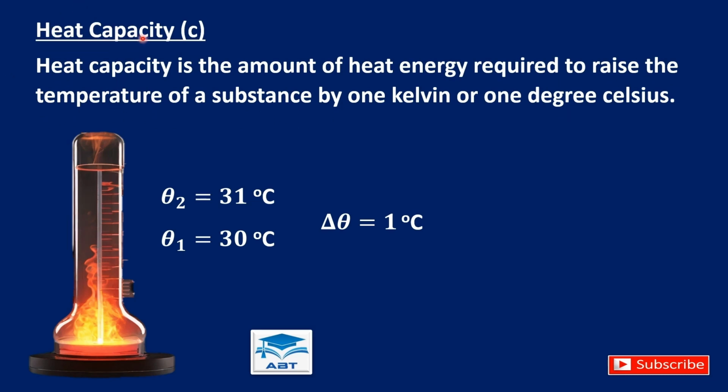Heat capacity is denoted by the letter C, and heat capacity is the amount of heat energy required to raise the temperature of a substance by 1 Kelvin or 1 degree Celsius.